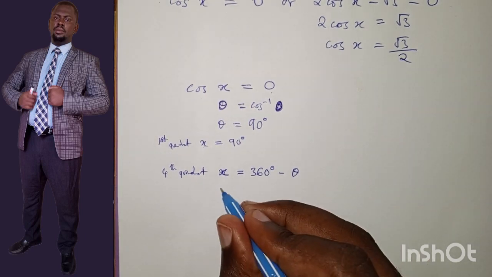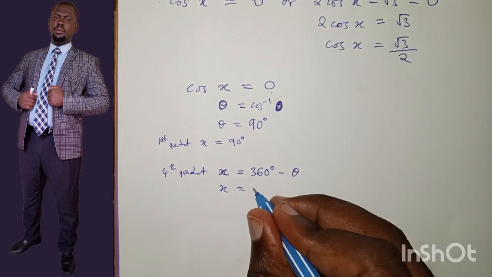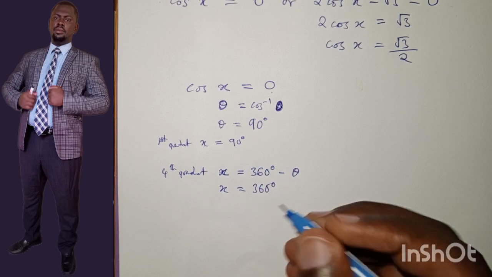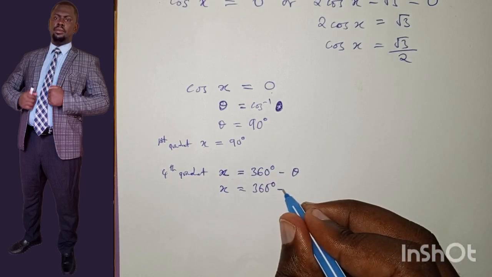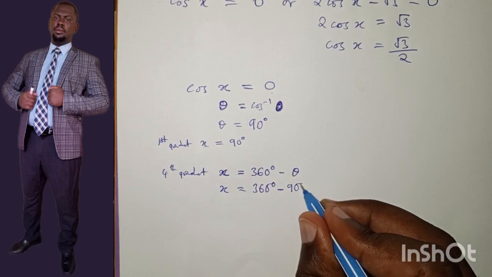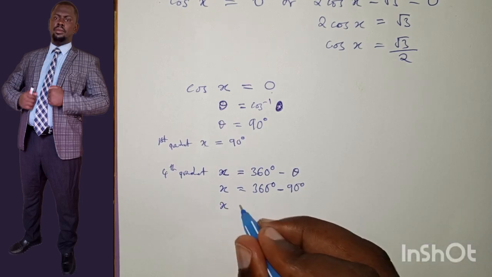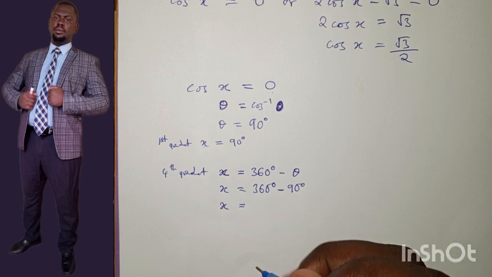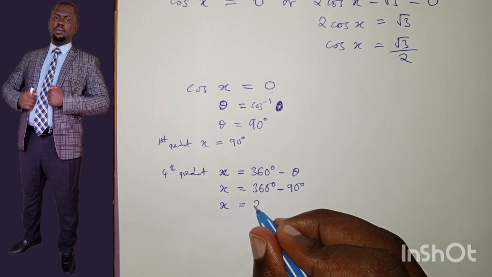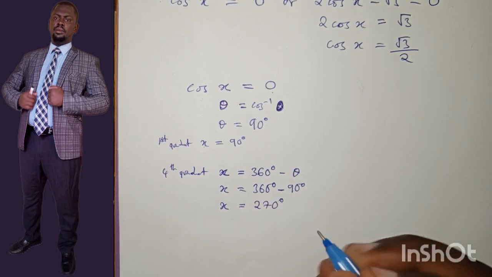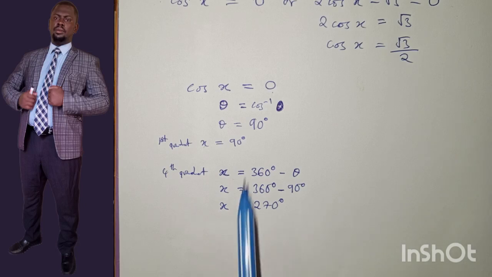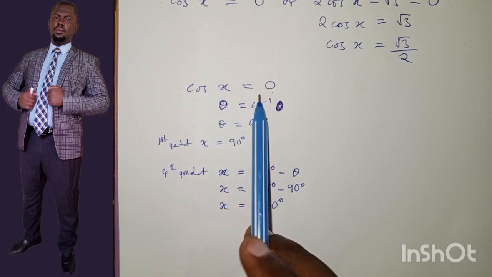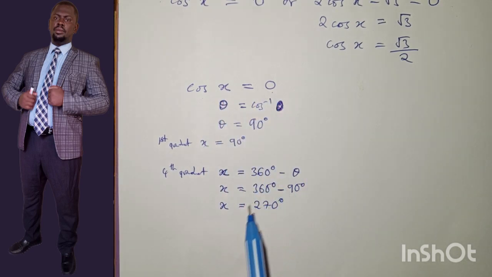So x is equal to 360 degrees minus 90 degrees, which is 270 degrees. So these are the two values for cos x equals 0.